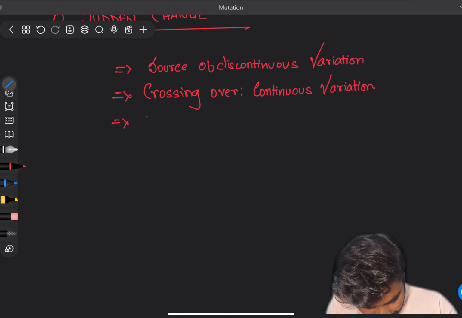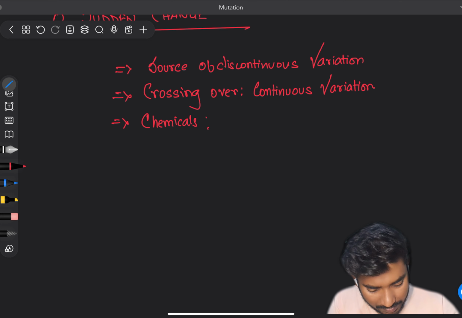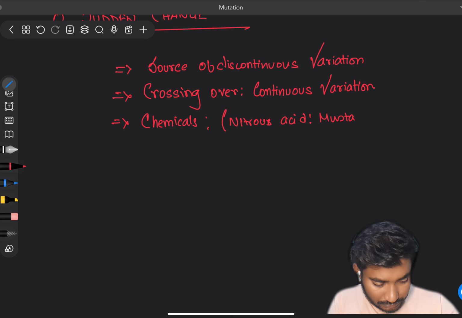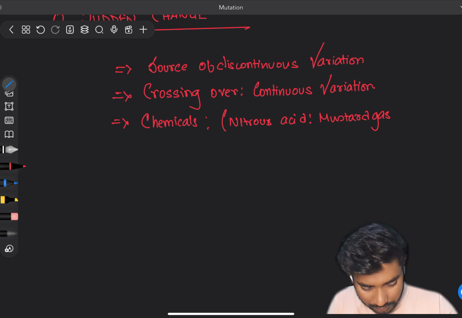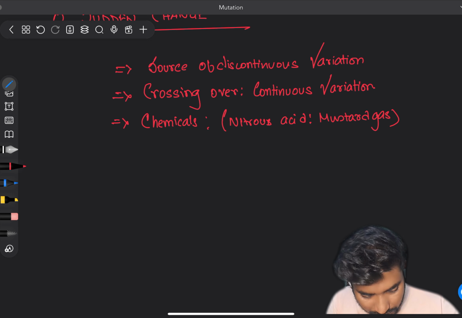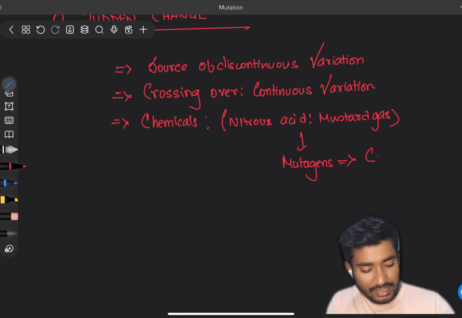The third one is the chemicals. Chemicals like nitrous acid and mustard gas can cause a sudden mutation. These are called mutagens. Mutagens are those that can cause mutation.